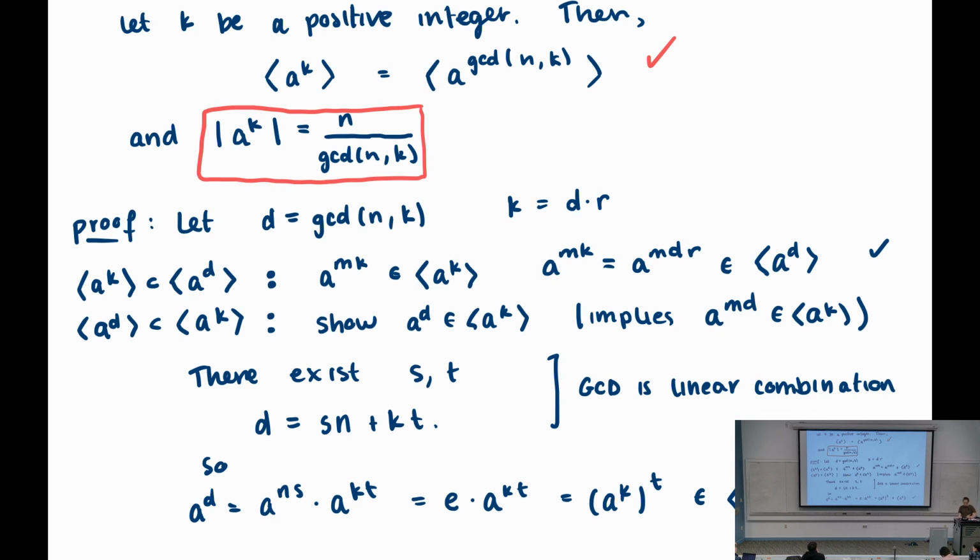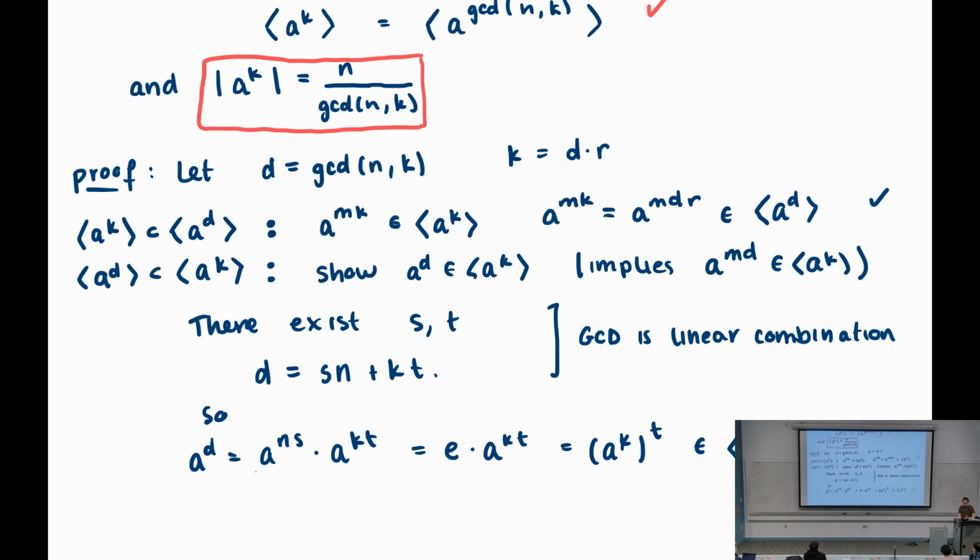Yeah, so this we can think of as A to the N to the S, but N was the order of A, so that means that raising A to the N power gives me identity. And then that just gives me identity again. There are a lot of symbols involved, so it's hard to keep track of which letters were which thing. But N was the order. Other questions?